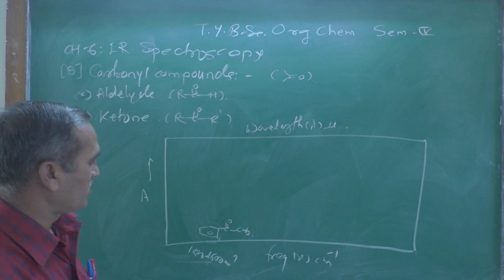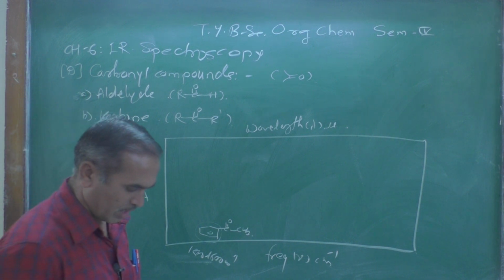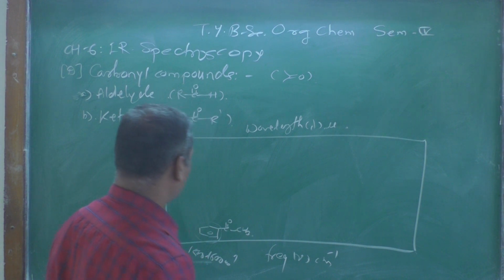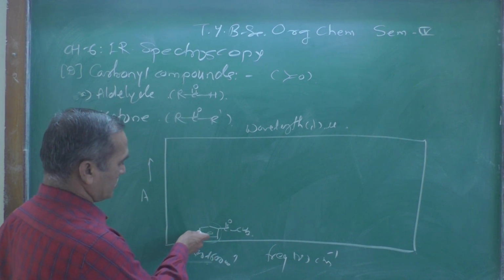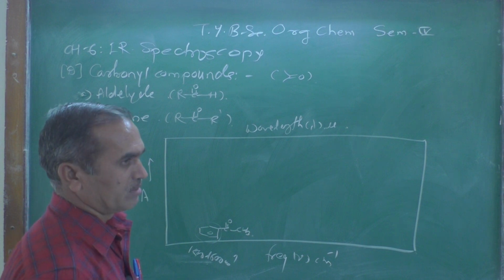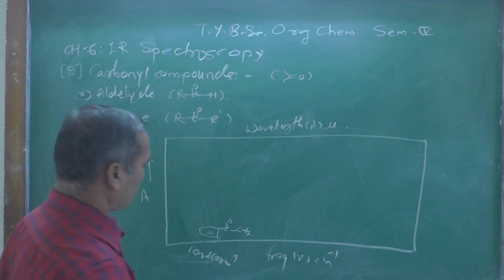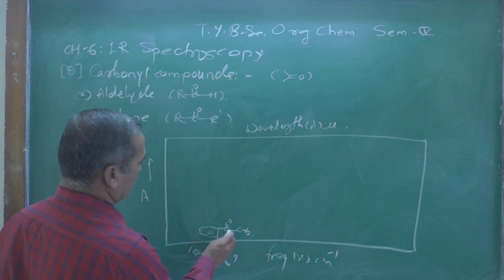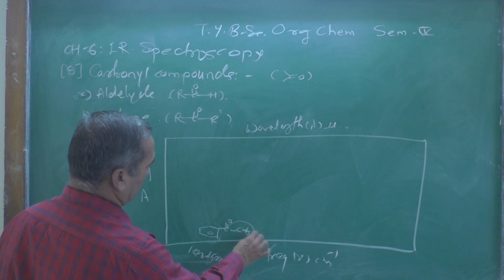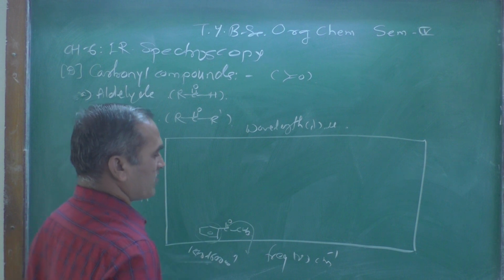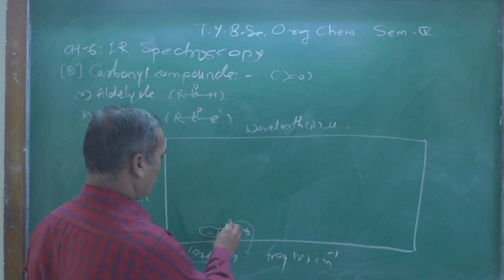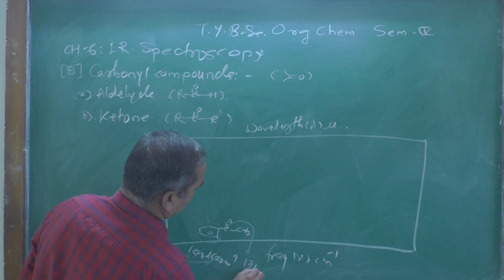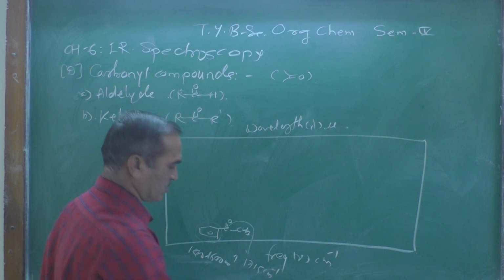This stretching frequency is due to the carbon-carbon double bond of the aromatic compound. Another one, CH bending, is also there. Another peak is for a monosubstituted aromatic compound, but the most prominent peak observed in acetophenone will be due to the carbonyl group, and it is around 1715 per centimeter.